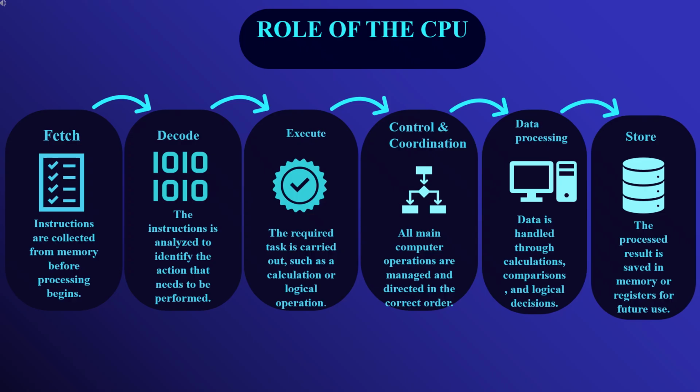Alongside this, the CPU is constantly performing control and coordination, managing and directing all of the computer's operations so that everything happens in the correct order. It also handles data processing, working through calculations, comparisons, and decisions as the information passes through it. And finally, there's the stage where the processed result is saved, either in memory or back into a register, ready to be used later.